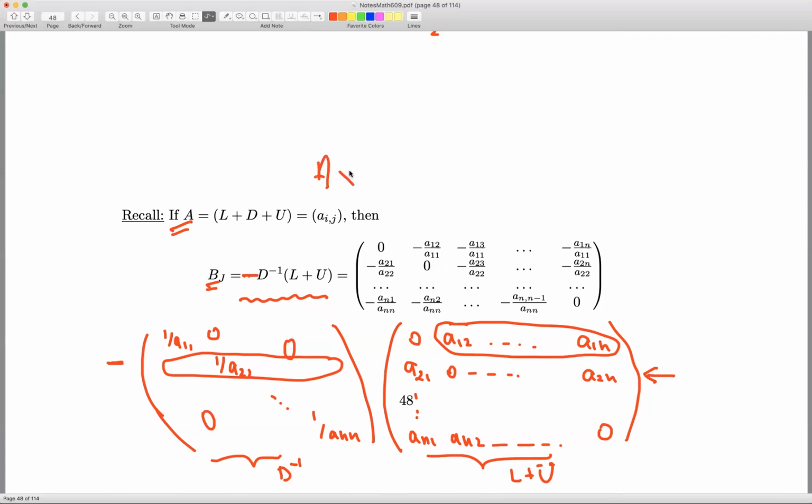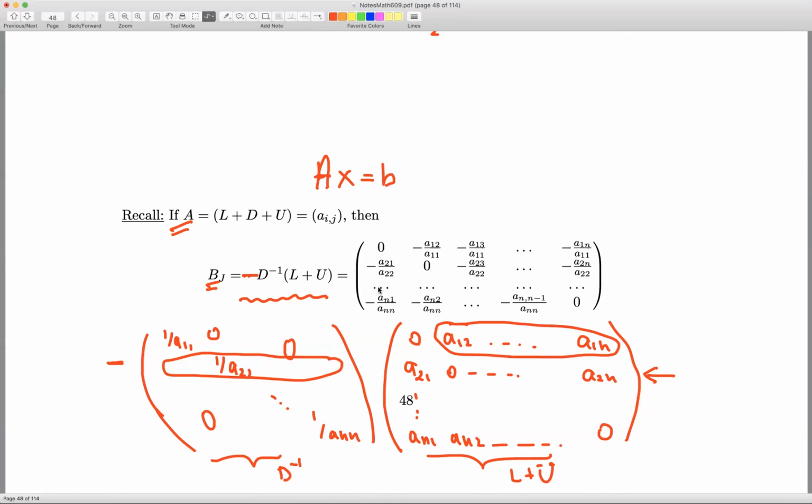If you have the system AX equals B, you start with some matrix associated to this system, and you can directly, in explicit form, write what Bj is. When you do programming, which you will have to do for your homework, you never in fact write explicitly the matrix Bj. When you write the code, you implicitly do the recursive relationship.